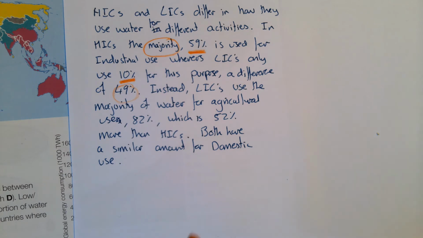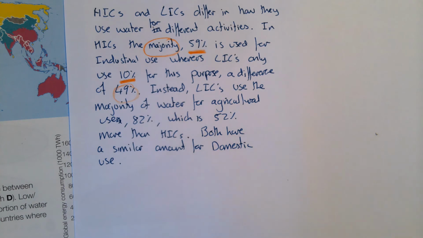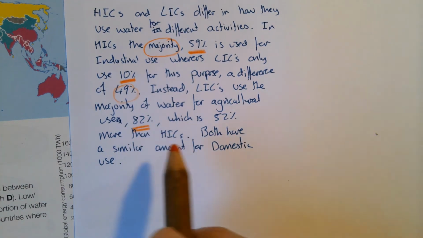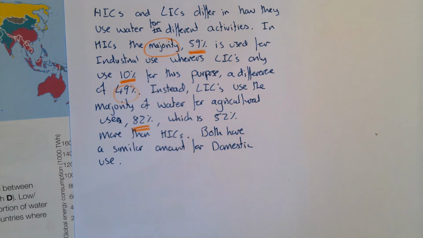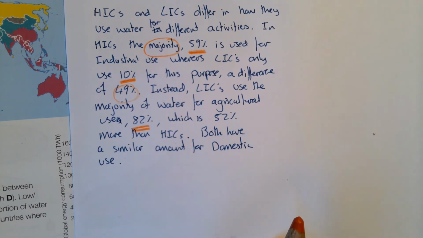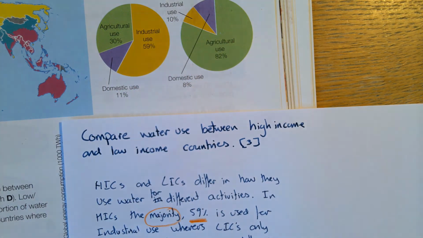Then I went on to say, instead, LICs use the majority of water for agricultural use. Again, then quoting how much it was, which is 52% more than HICs. I just thought I'd round up by saying both have a similar amount for domestic use, as you can see with these purple categories here.